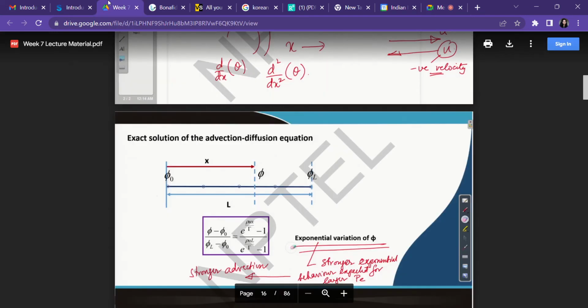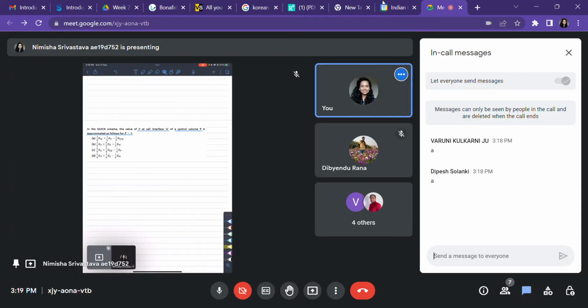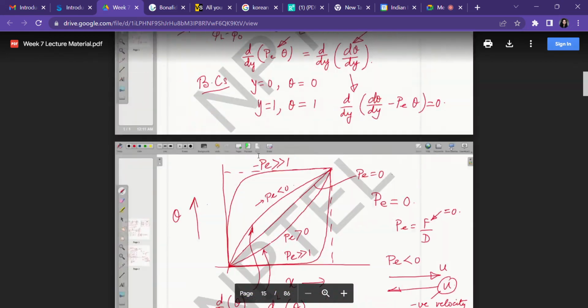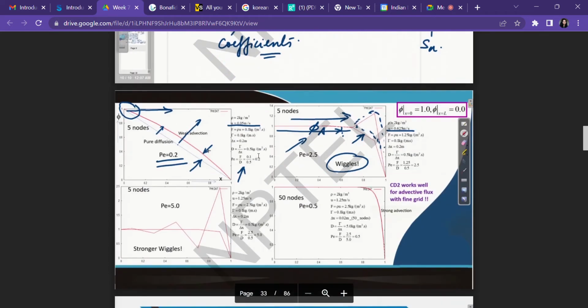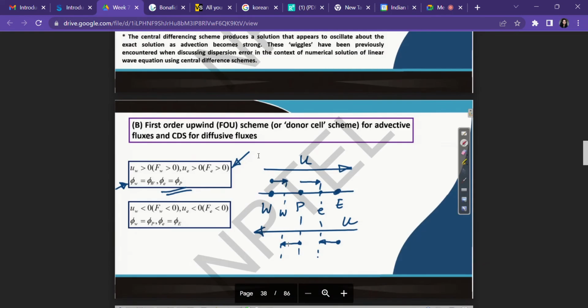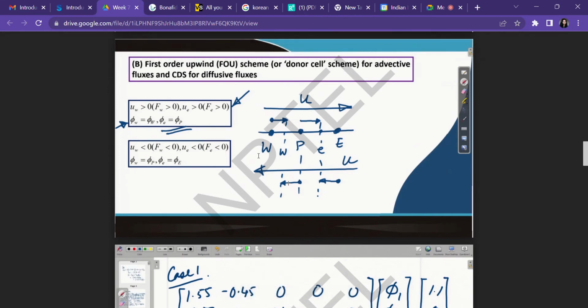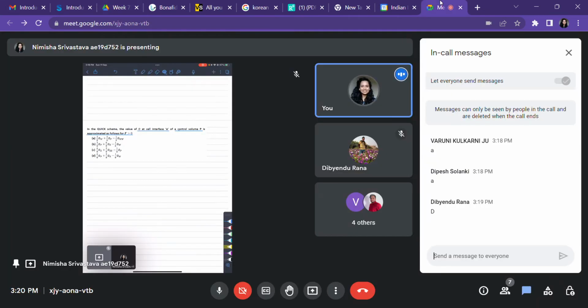The answer for this is also given in your lecture material, wherein sir has explained how the representation of the value phi at the cell interface looks. Yeah, Divyendu, that's right, it's D.